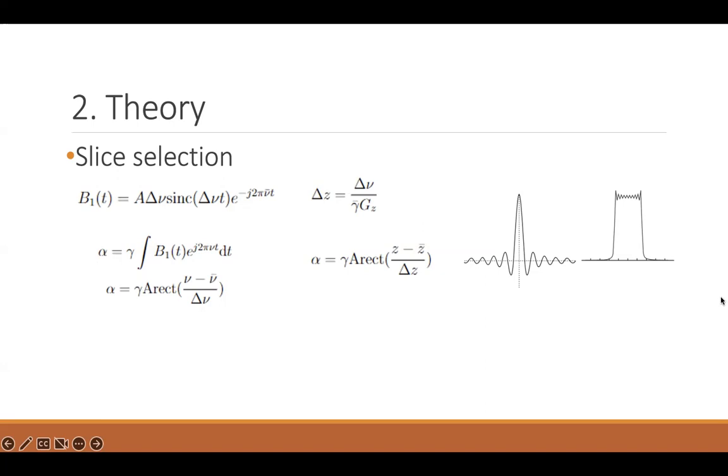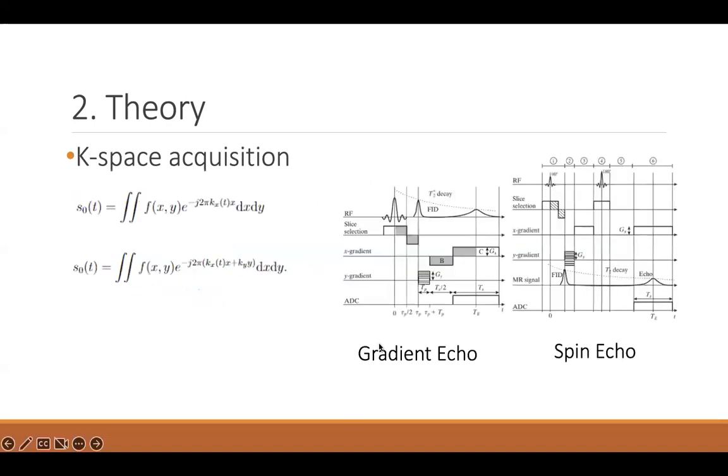Here you are seeing a blurred slice profile due to using a windowing function on the sinc envelope. In our simulations, we have not accounted for this blurred slice profile, and we have only assumed a perfect rectangular pulse.